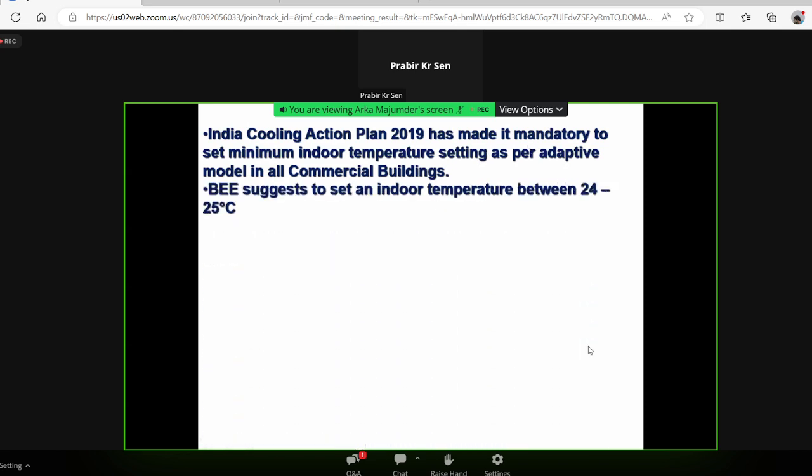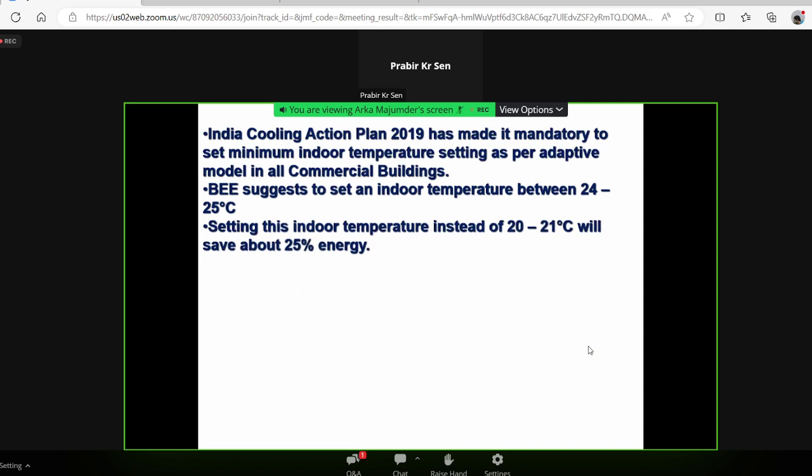ASHRAE suggests that we should keep the room temperature at 24 to 25 degrees centigrade. I would rather opt for 25 degrees centigrade because it saves energy. It saves electric bill. That's a direct benefit to the user, and it saves the environment. That's a benefit to mankind. So better you set it at 25 degrees centigrade.